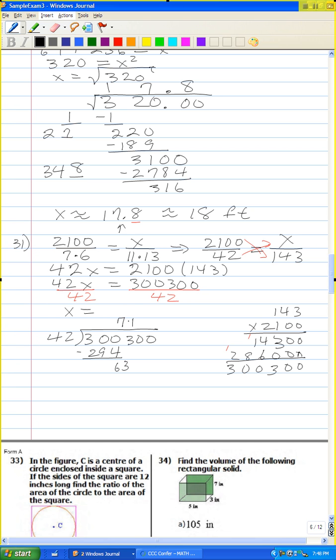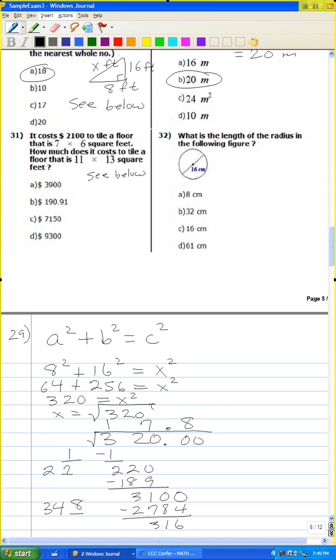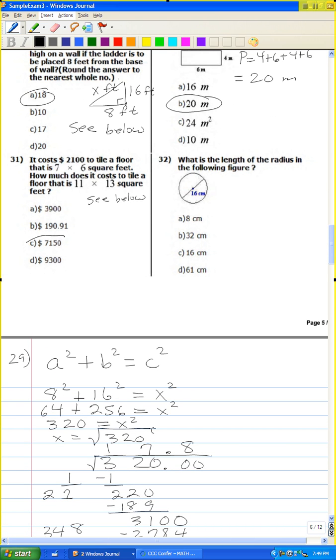So 1, 42, 21, 5, 0. And so the answer is 7150. And so 31, 7150, C.